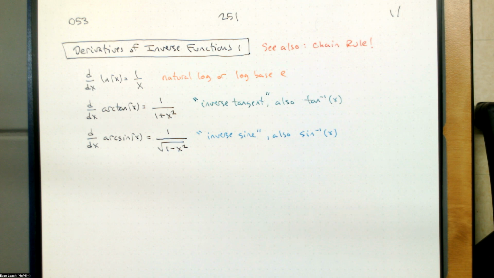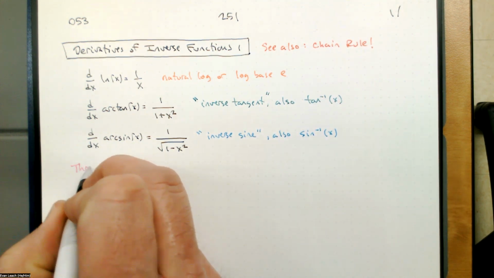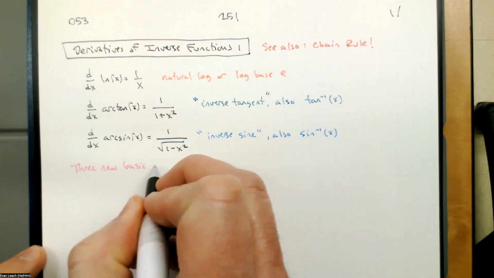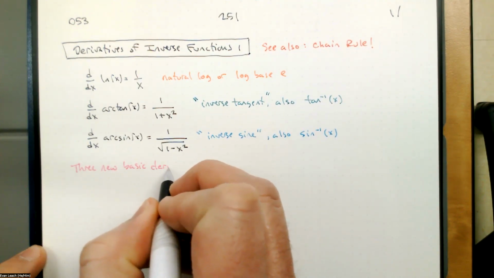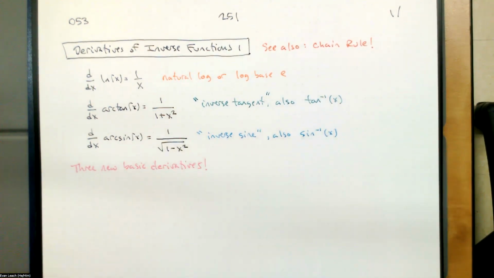These are three new basic derivatives that we can use in combination with others. So we have three new basic derivatives that we can use in combination with our rules for combinations of derivatives.